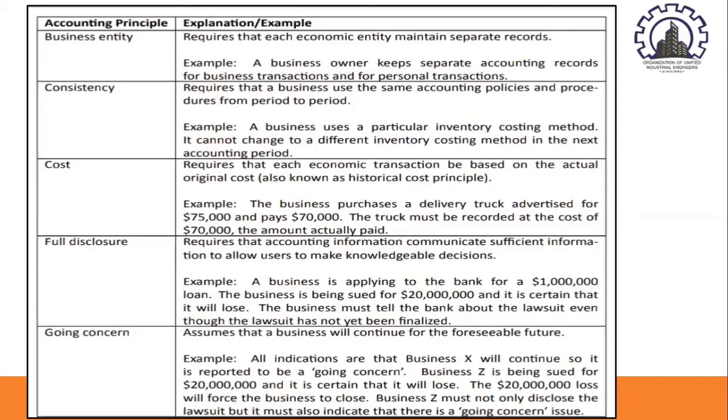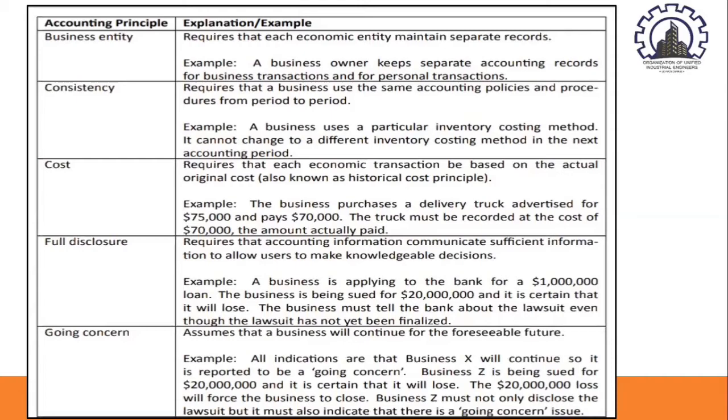Okay? And the next accounting principle or concept would be going concern. Going concern assumes that a business will continue for the foreseeable future. For example, all indications are that business X will continue, so it is reported to be a going concern.